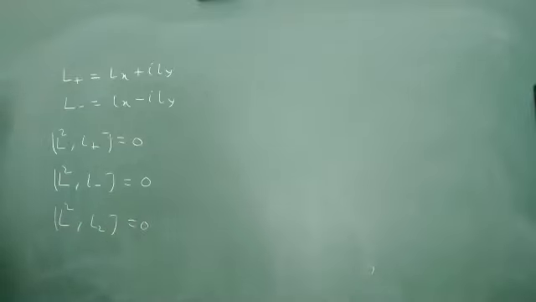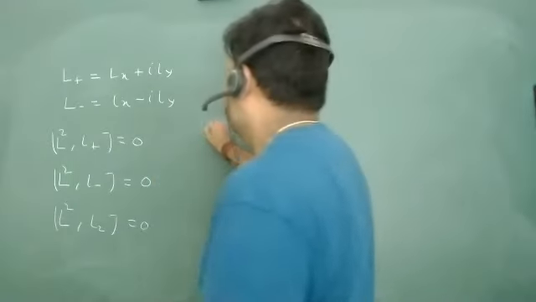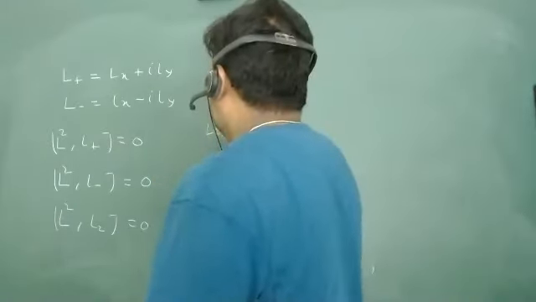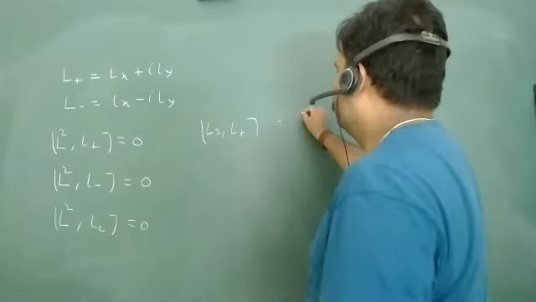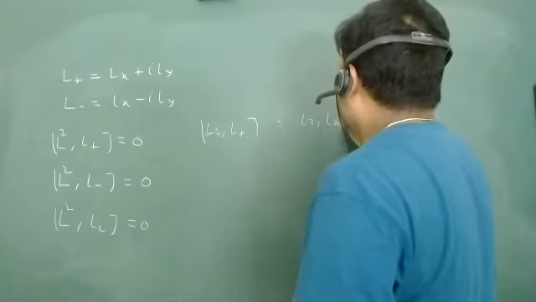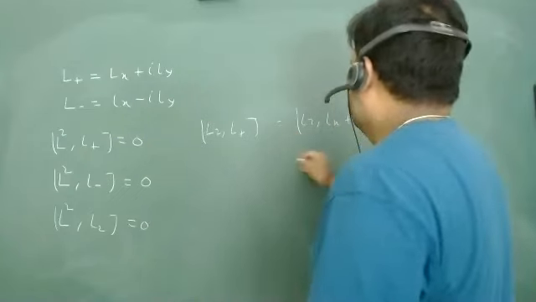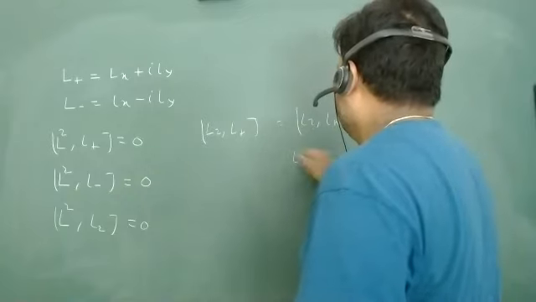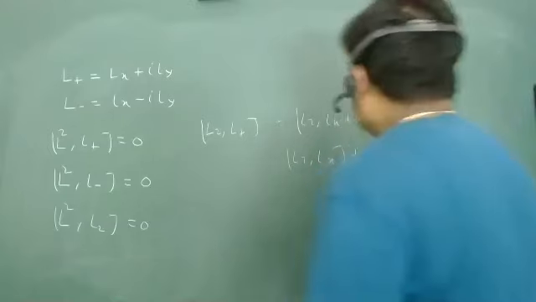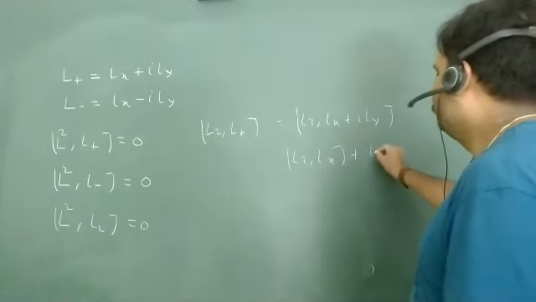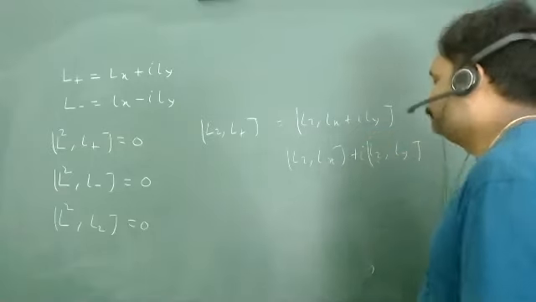Let us try to calculate what will happen to the commutator of Lz and L plus. So L plus is nothing but Lx plus i Ly. So this will be the commutator of Lz with Lx, plus the commutator of Lz with Ly into i.